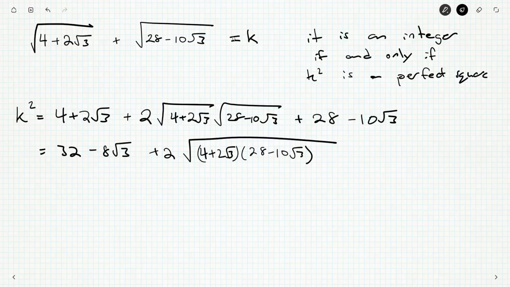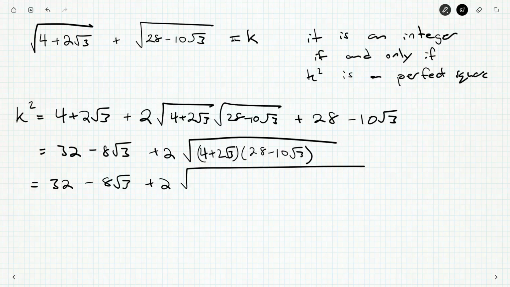Okay, so we can multiply this out, I guess. 4 times 28, that's 4 times 30 minus 2 times 4. So that's 120 minus 8, which is going to be 112. Minus 40 root 3 plus 56 root 3.